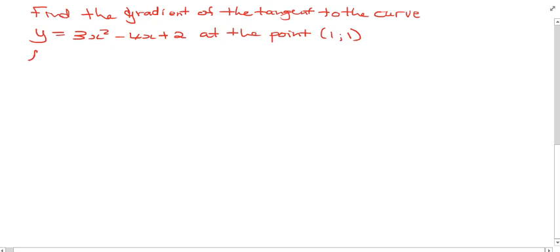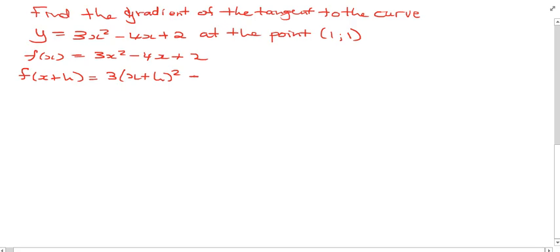This is f of x, which is 3x squared minus 4x plus 2. And then f of x plus our h will be 3 into x plus h squared minus 4 into x plus h plus our 2.